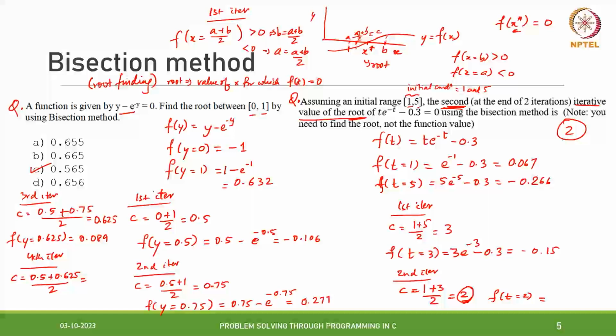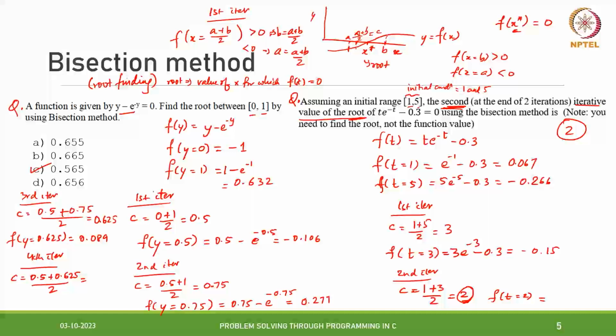So what the bisection method does is that every iteration it calculates the midpoint of the supposed roots. So these are our iterative roots, 1 and 5, and we calculate the iterative root after the first iteration, which is 1 plus 5 by 2, just the midpoint. The midpoint is 3. Now we calculate the functional value at 3 and check whether it's positive or negative.